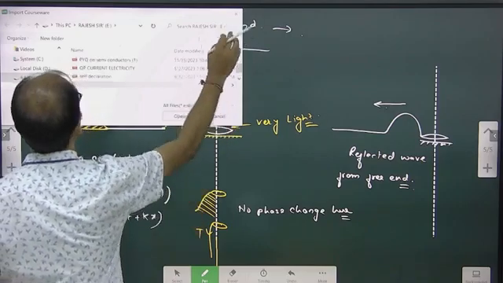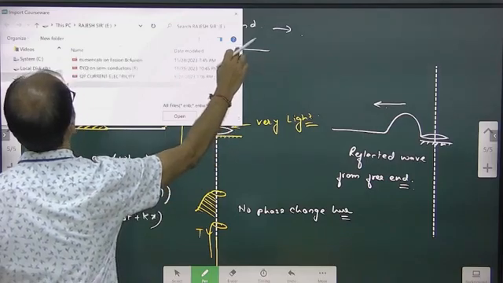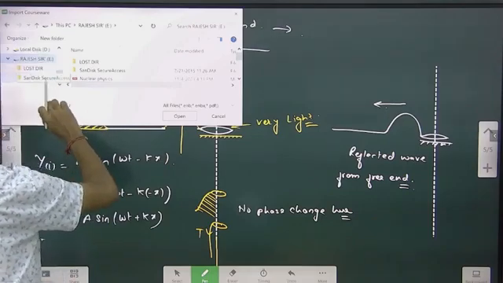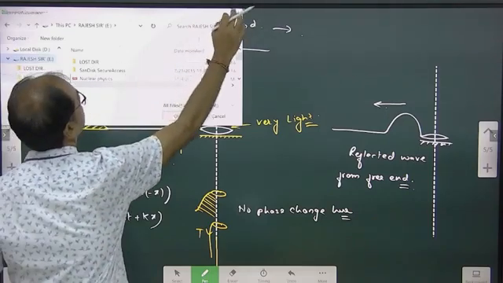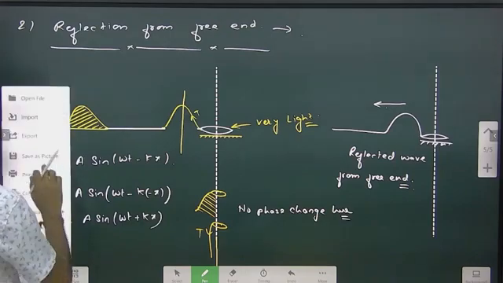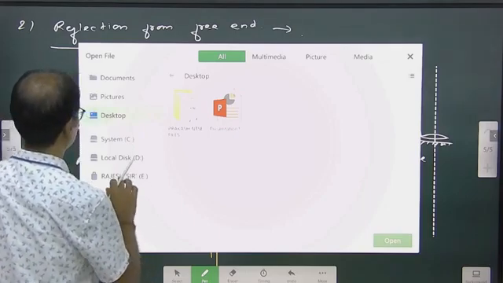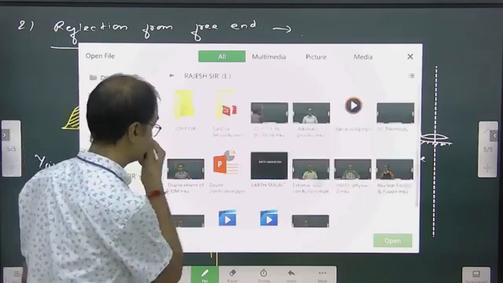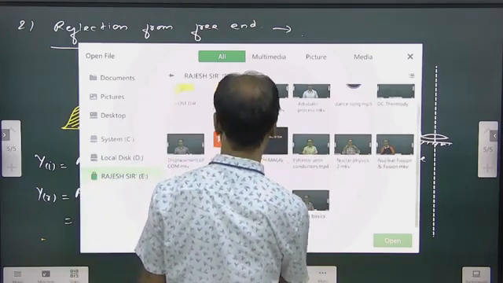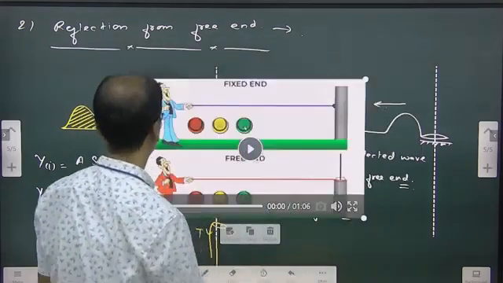Okay, we'll go through another way. Where is it? Yeah, this one. Right.